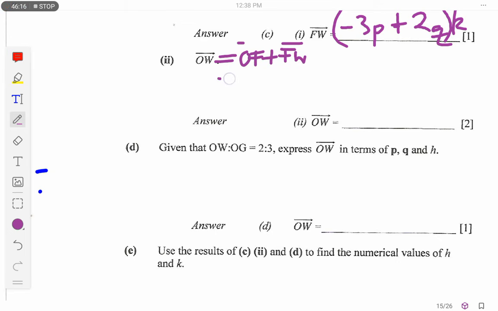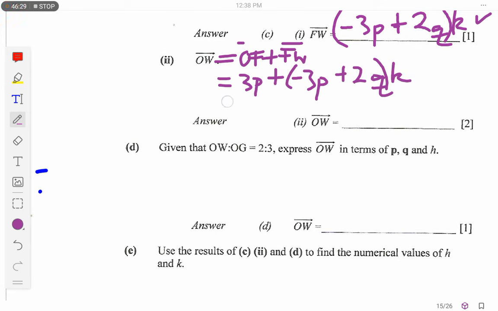OF is 3P, plus minus 3P, plus 2Q, all multiplied by K. Simplifying this, we get 3P minus 3PK plus 2QK.